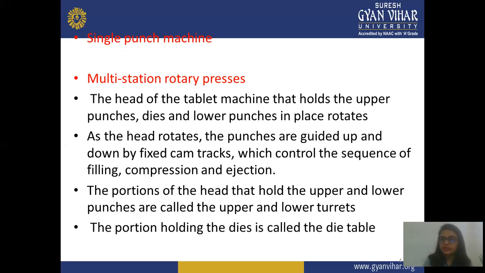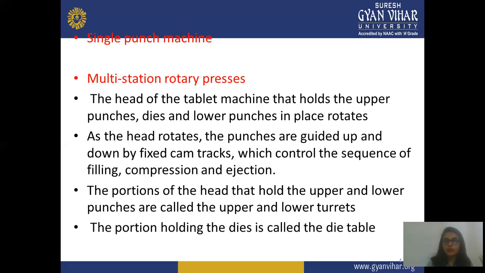So we can say that different modifications were done, and after these modifications the multi-stationary rotating process came, and this is nowadays used in large amounts, and it is very effective and a very fast machine. You can say that it formulates lakhs of tablets within 1 hour, and the quality of the tablet is also very high, and human force is also less, because it is an automatic machine and no specific force is required.